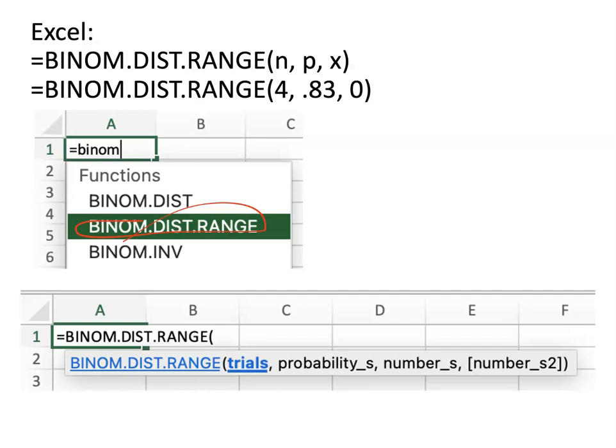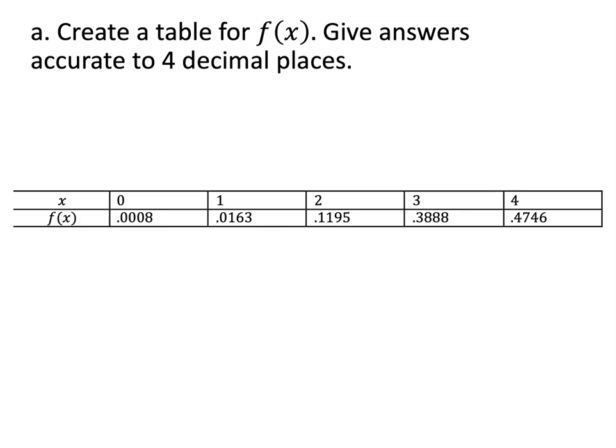And again, you want n, p, x. N is the number of trials, that's 4. P is the probability of success in a particular trial, which is 0.83. And then S is really x, the number of successes. So you enter those, and you'll come up with the same answer, 0.0008.